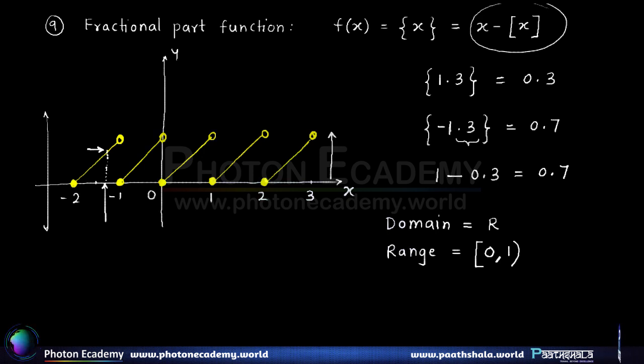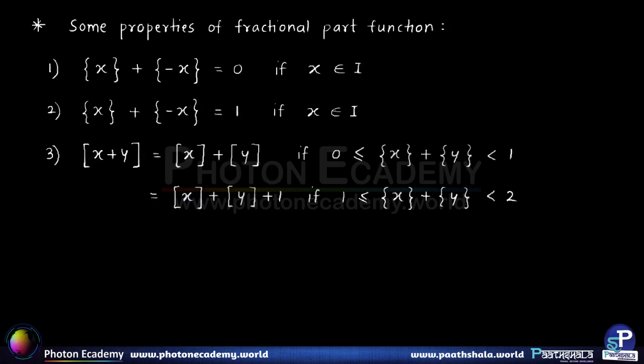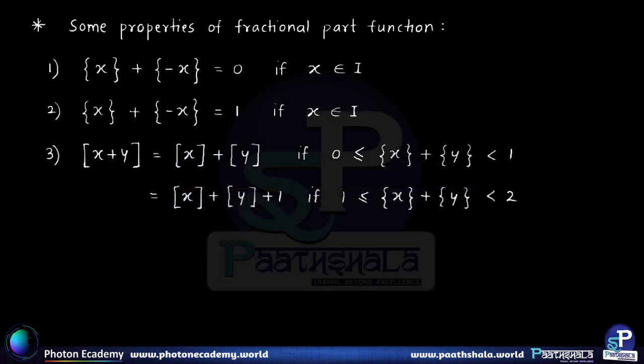Now let's see some of the properties of this function also. The fractional part of x plus the fractional part of minus x is equal to 0 if x is an integer, but the same is equal to 1 if x is not an integer. So this is the important point that we have to remember.